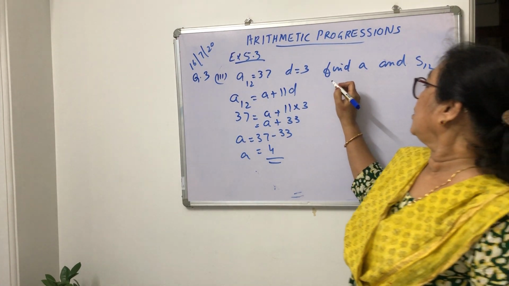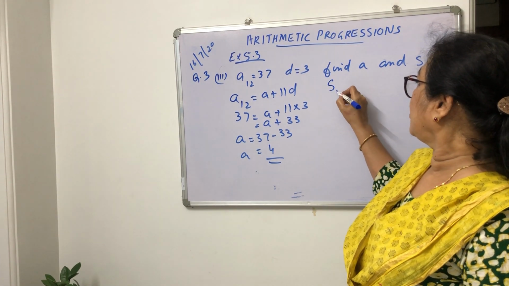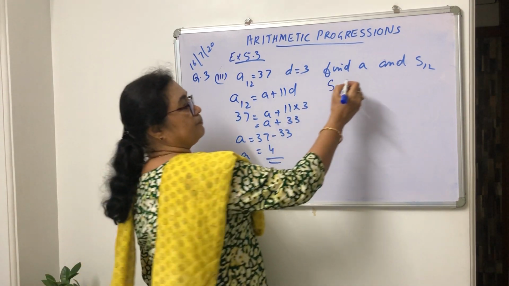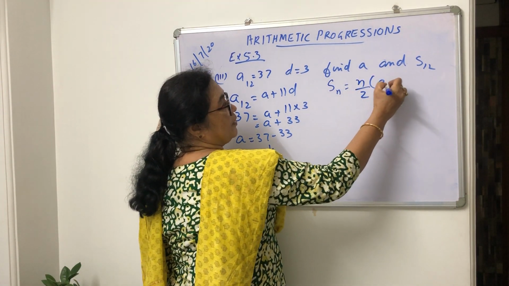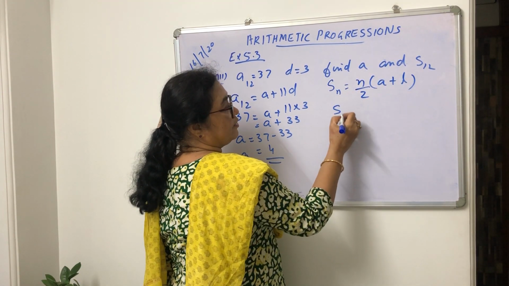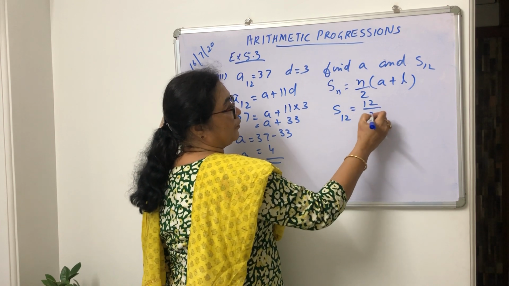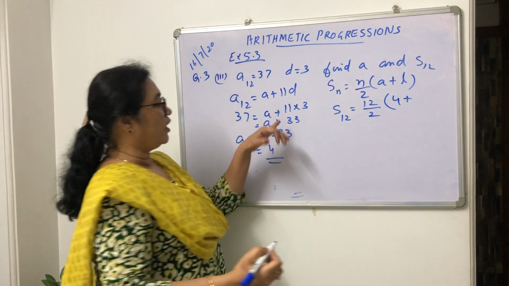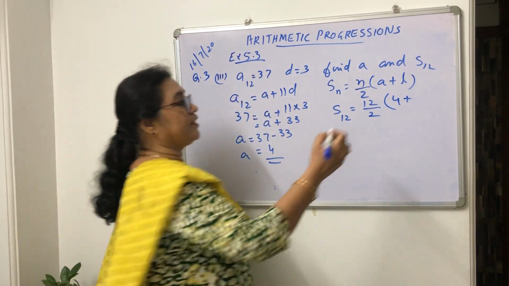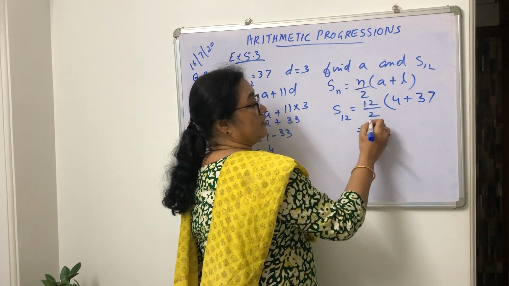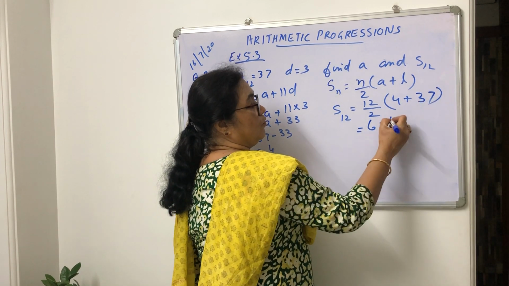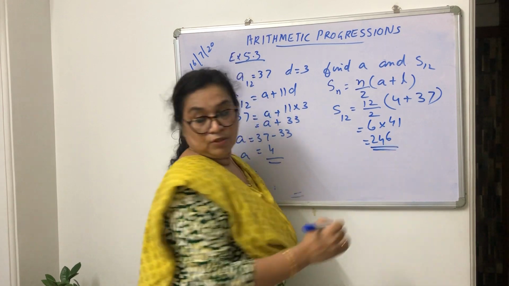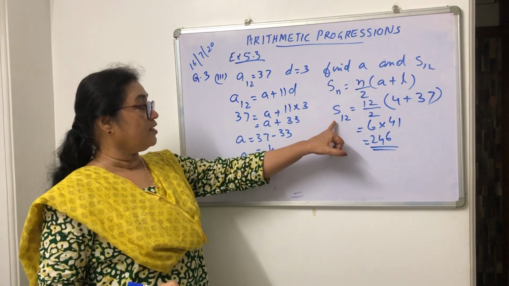So you can write Sn equal to n by 2 into a plus l. S12 equal to 12 by 2, a is 4, the last term a12 is 37, 6 into 41, so 246 is the S12.